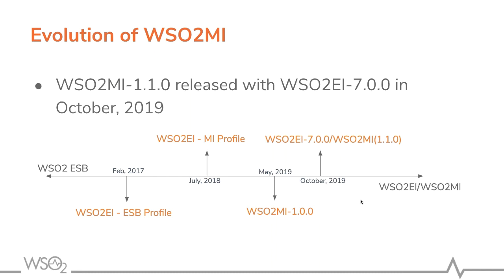At that time, we had the WSO2 ESB for ESB kind of solutions and the Micro Integrator profile for cloud native solutions. Later on, we extracted it as a separate product, and then we realized that the Micro Integrator product itself can be modified to cater to both worlds. So what we have right now is the Micro Integrator product inside WSO2 EI, that is the Enterprise Integrator.